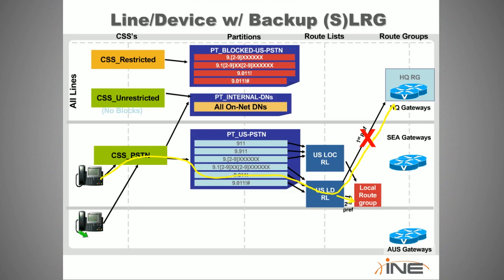But again, this is going to take effect for every site's calling party that traverses through this single set of patterns and route list details. We probably don't want to uniformly impact everyone in the same fashion.